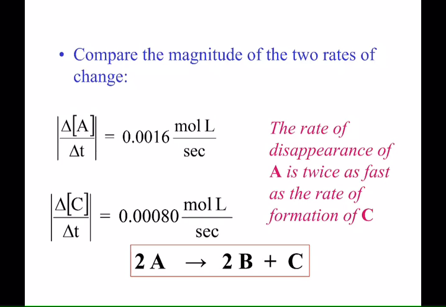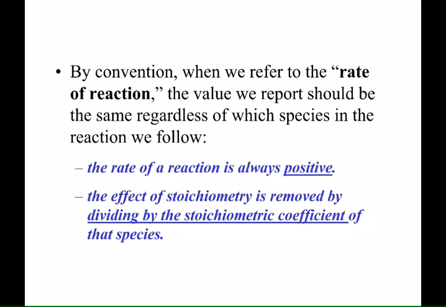These are right, following the rate of change of A is that. But if you were going to say what the real reaction rate is, down here in blue, the effective stoichiometry is removed by dividing by the stoichiometric coefficient of that species. It looks something like this. These are great, these are valid.